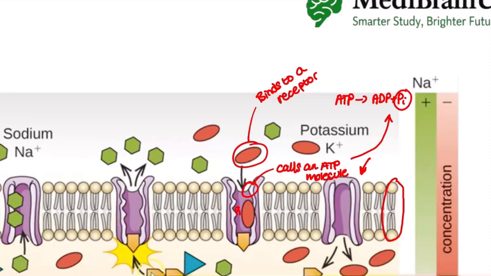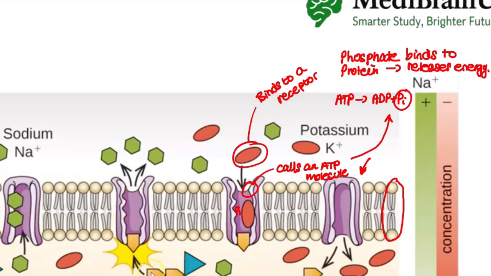And because that phosphate group is very powerful, it will cause the membrane to change shape and open up. So the phosphate binds to the protein, and that's the thing which releases the energy.